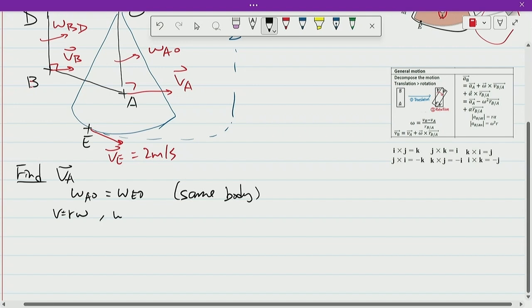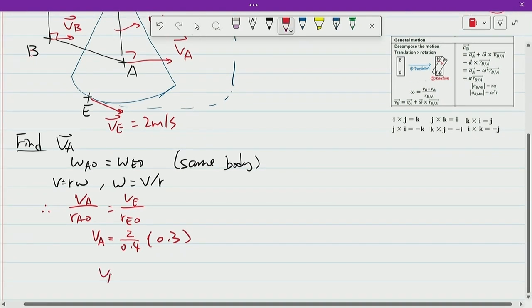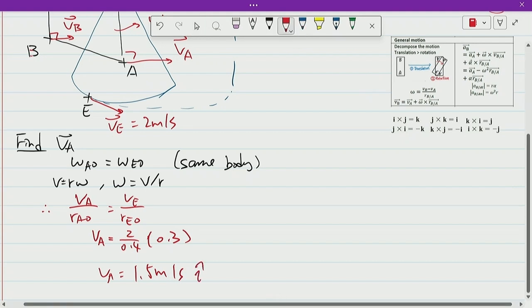We can rearrange it into omega equals V divided by R. That's going to give us VA divided by RAO equals VE divided by REO, giving us VA equals 1.5 meters per second. This is a scalar approach, but I don't think it's necessary to do a vector approach. It's just going to give you positive 1.5 meters per second I. In this case, we can manually assign it.